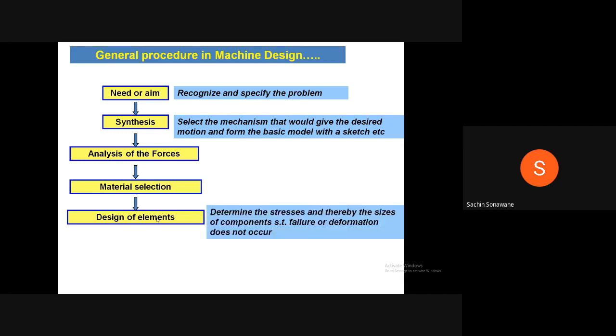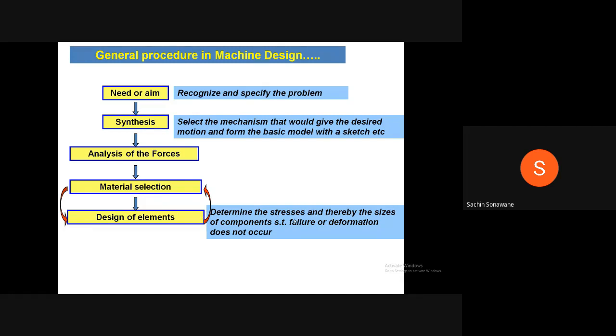In design of elements, we are determining the stresses and thereby the sizes of components so that failure or deformation does not occur. Now these are interrelated. All the steps are interrelated and the last two steps are also interrelated.